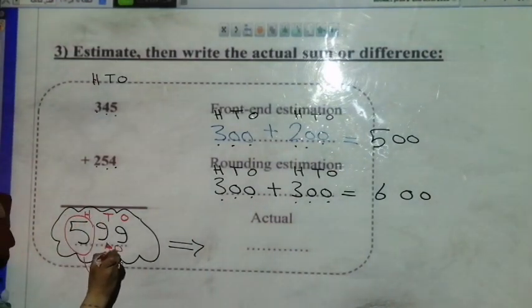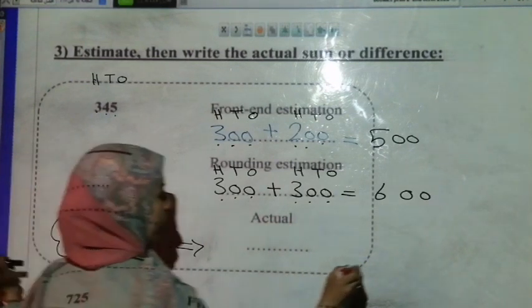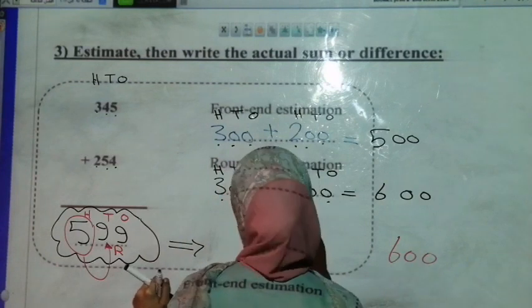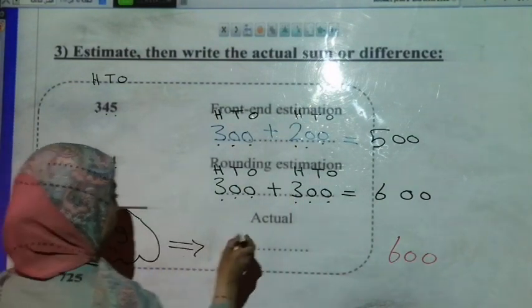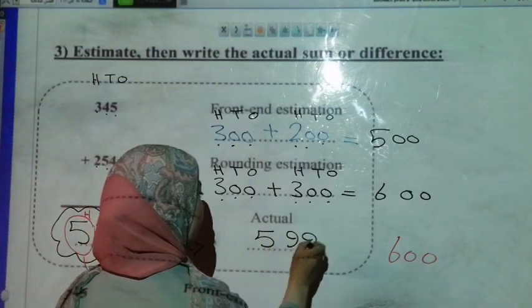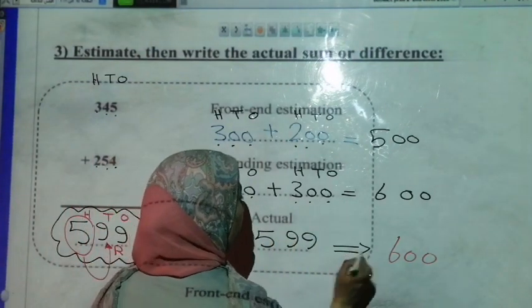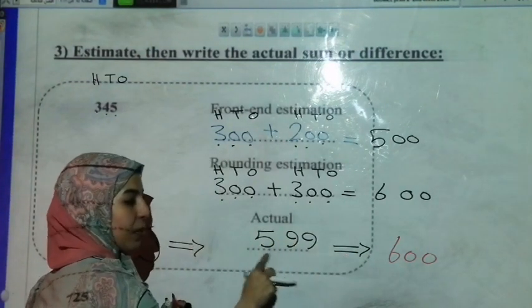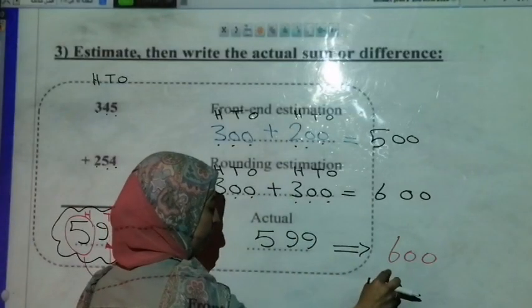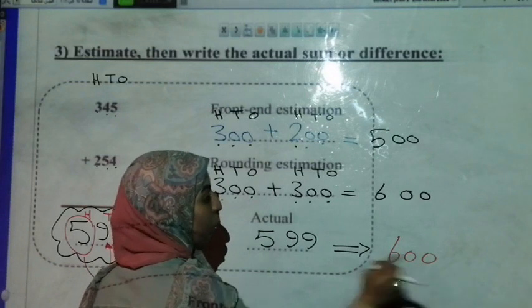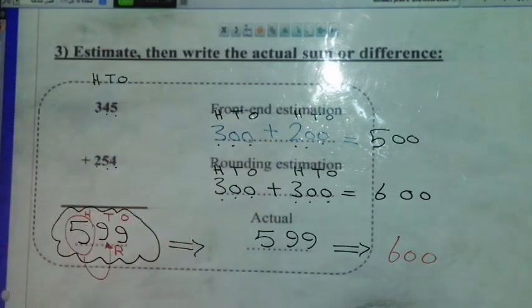So 599 rounds up to 600. My actual number is 599, as we said, and when I round this number to the nearest hundred, the estimated sum is 600. Okay?